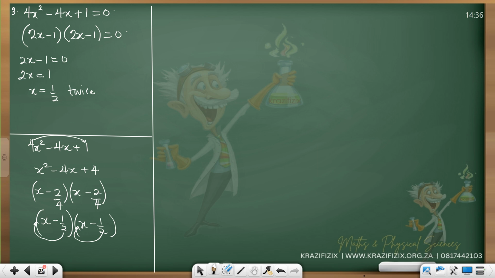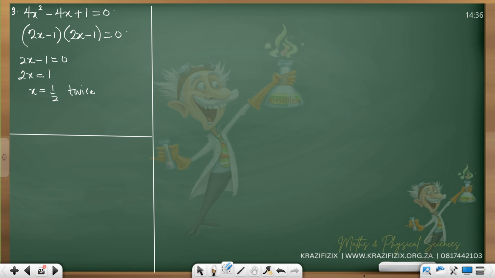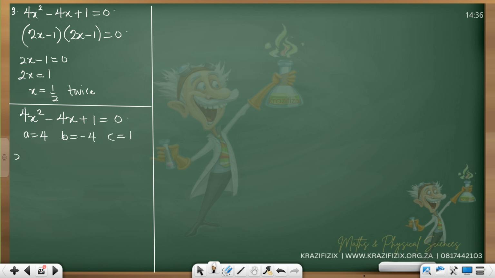The second part, let us quickly use our quadratic. 4x squared minus 4x plus 1 equals to 0. My a is 4. My b, negative 4. My c is 1.